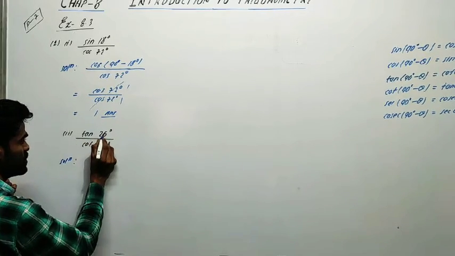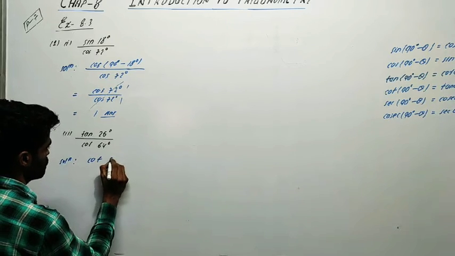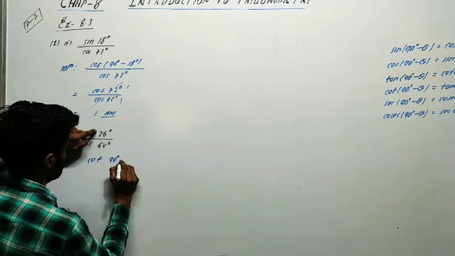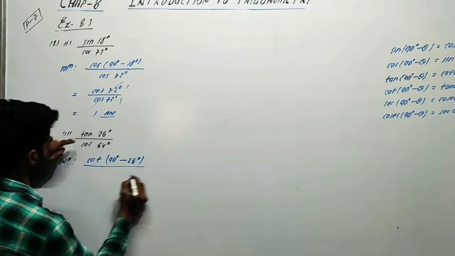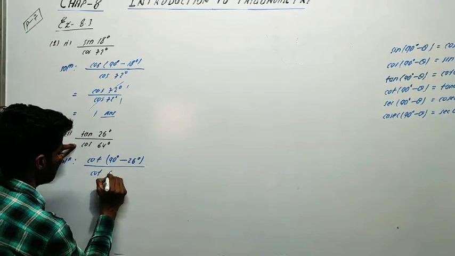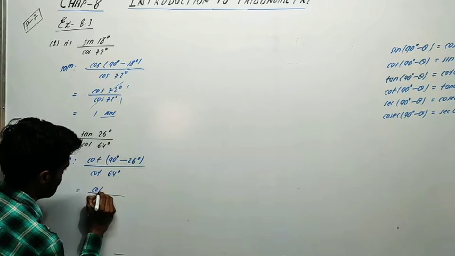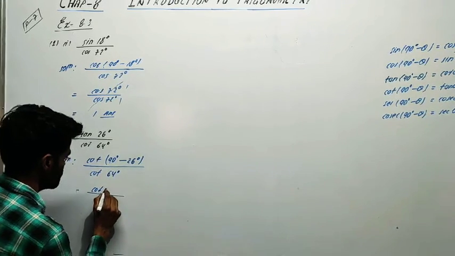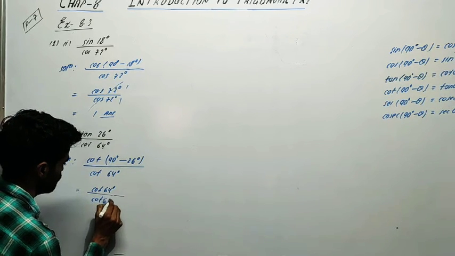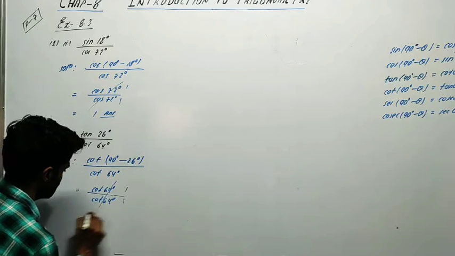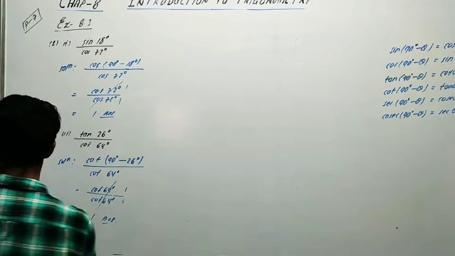So tan theta can be written as cot 90 minus theta, where theta value is 26 degree, and the denominator let it remain the same, that is cot 64 degree. The difference of 90 and 26 degree is 64 degree, so cot 64 degree divided by cot 64 degree cancel out, that is equal to 1, and here is the answer.